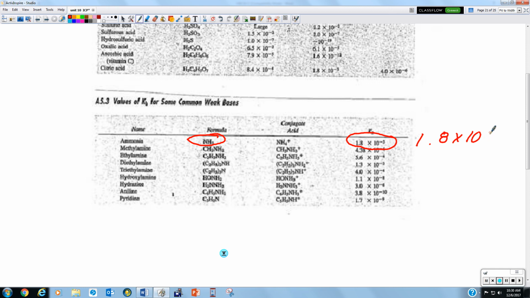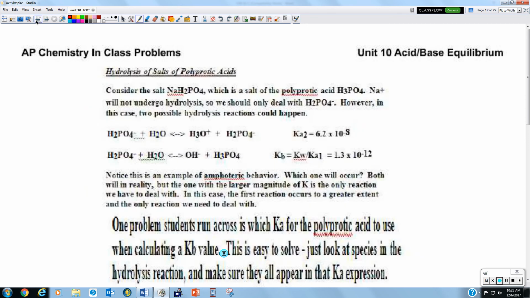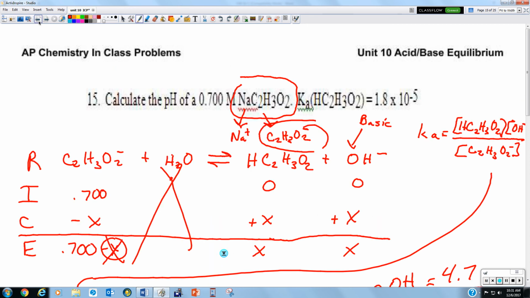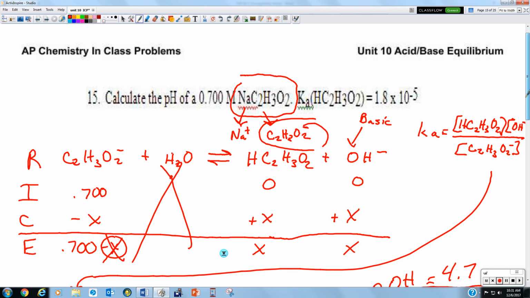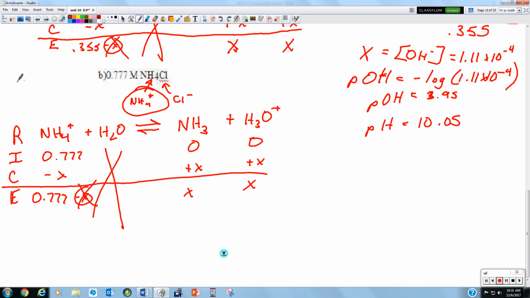It's 1.8 times 10 to the negative 5, I believe. That's a 5. I'm going to get y'all a cleaner copy of these tables. All right, so Kb of ammonia is equal to 1.8 times 10 to the negative 5.